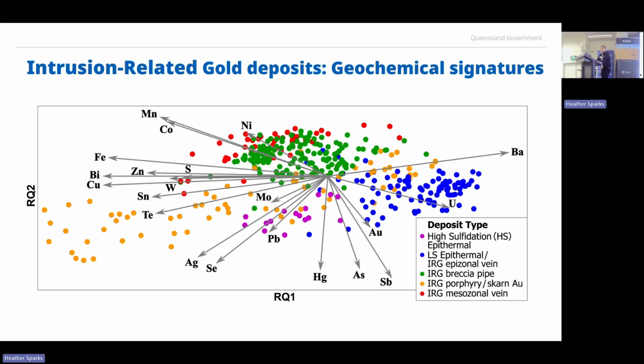Essentially, the basic take-home message is that deposits of different geological types have distinct overall geochemical signatures with some overlaps. And where overlaps exist, that's a good suggestion of genetic links between deposits, and that's something which we can confirm in other ways.